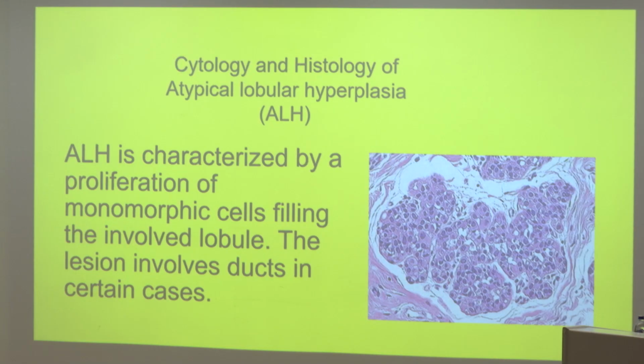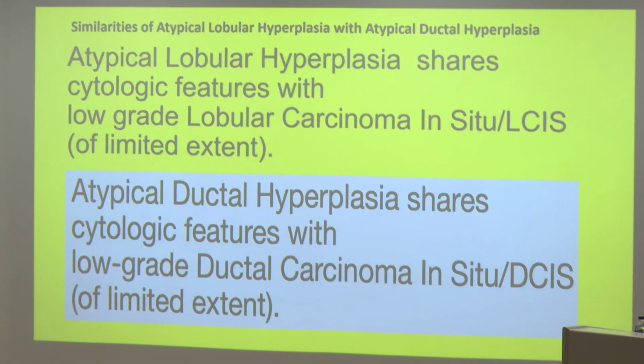As the terminology says, it's about the lobule, the other was about the duct. As atypical ductal hyperplasia shares some features with DCIS, atypical lobular hyperplasia shares some features with low-grade LCIS.